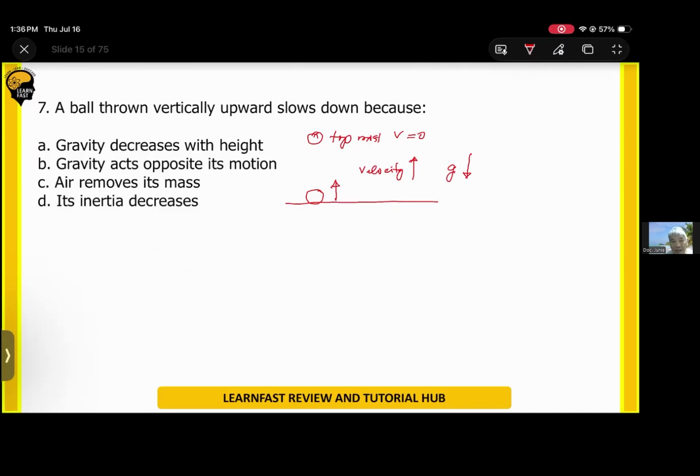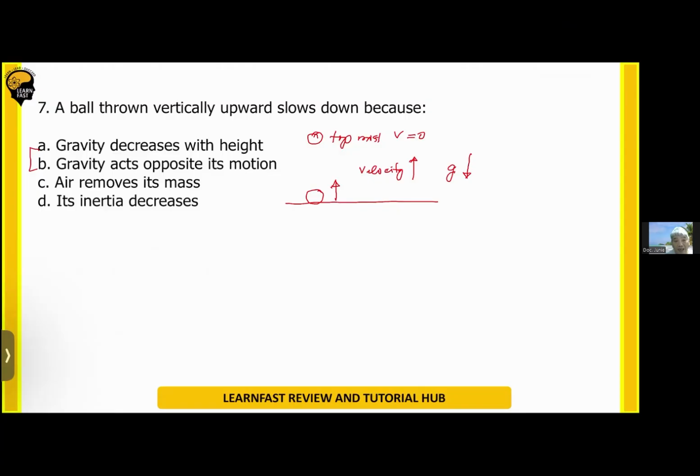Why does the ball's velocity slow down as it reaches the top part? Because, okay, look at the syntax of the four options. You would be able to recognize that there are two options that are giving us contrasting ideas. Contrasting ideas are seen from option A and B.